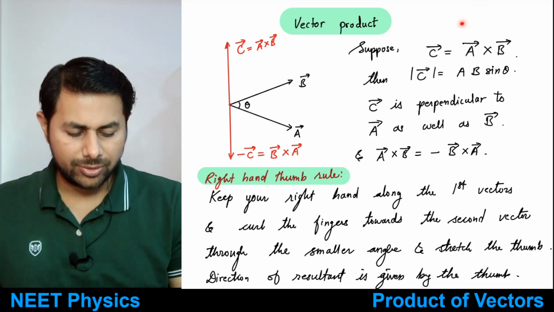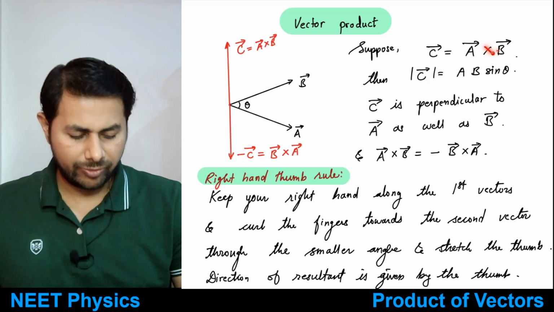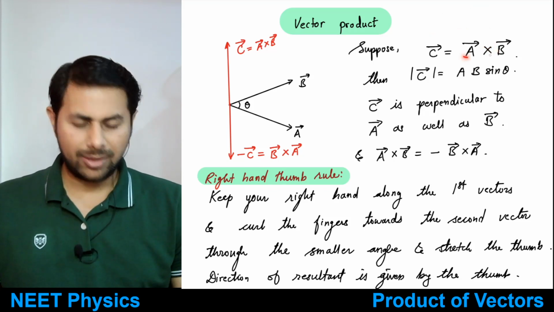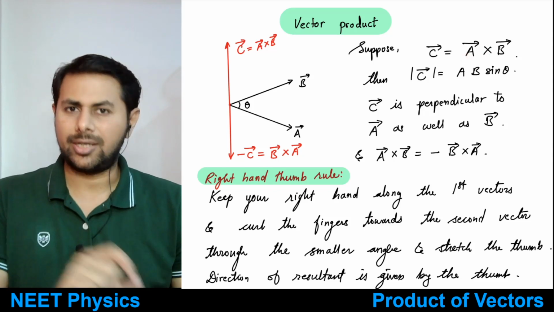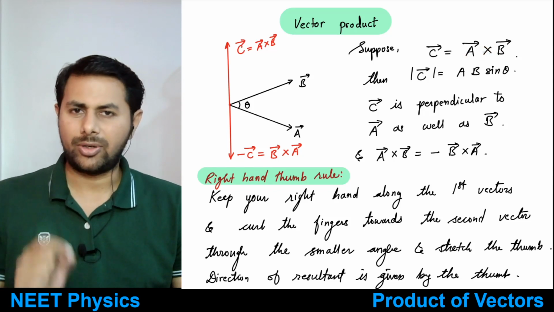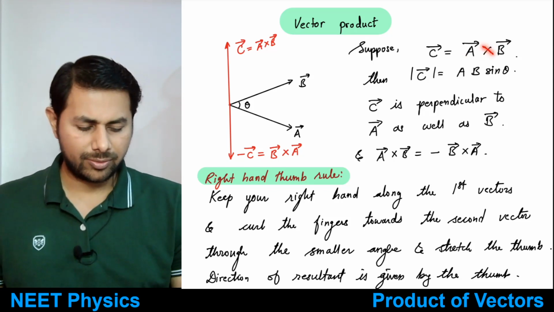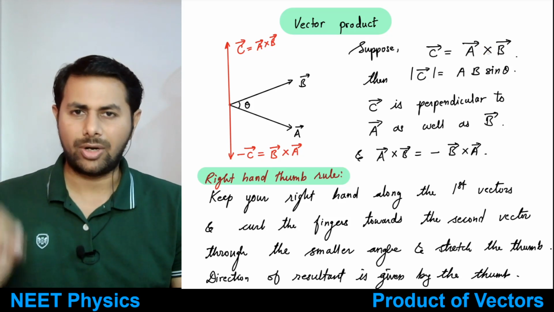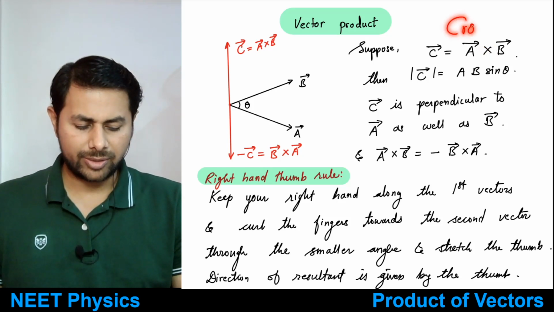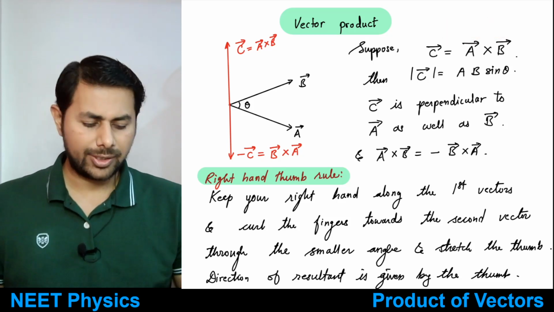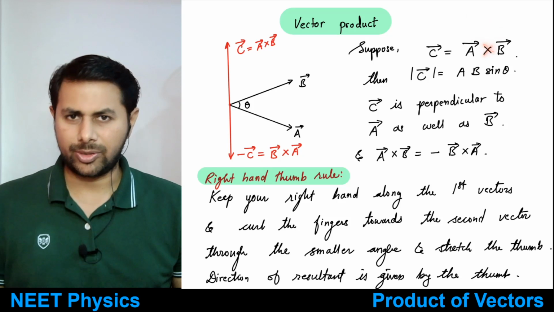Now we cannot use dot here, so that's why we make use of cross. If the product of A bar and B bar is also a vector, C bar, then we show it by a cross, and that's why it is also called a cross product. Scalar product is called the dot product. Vector product is also called a cross product.